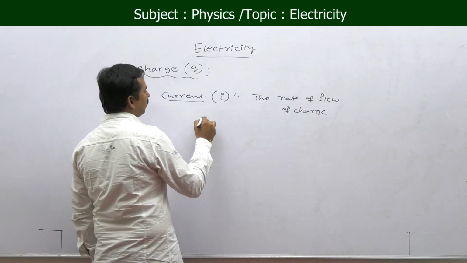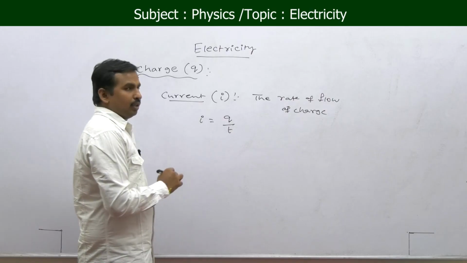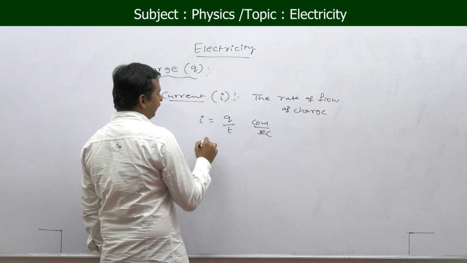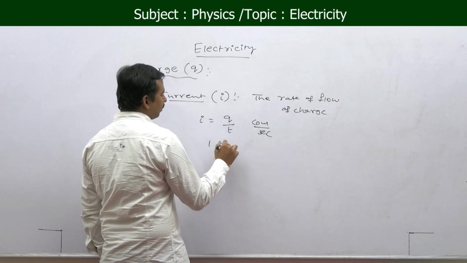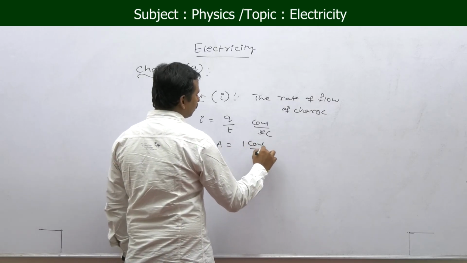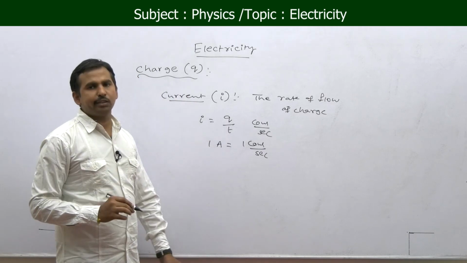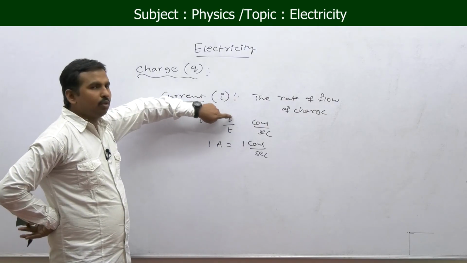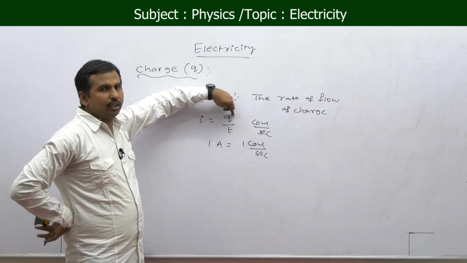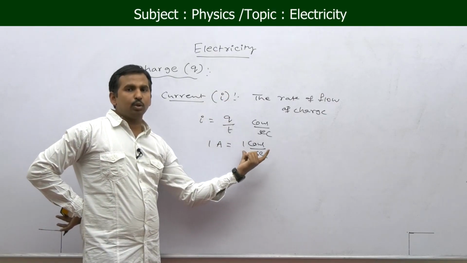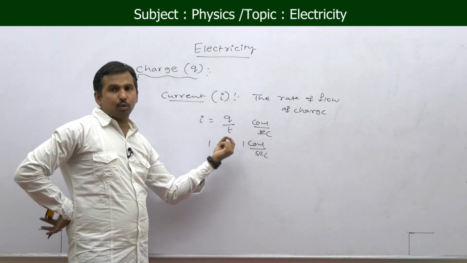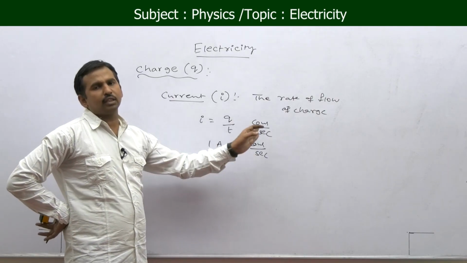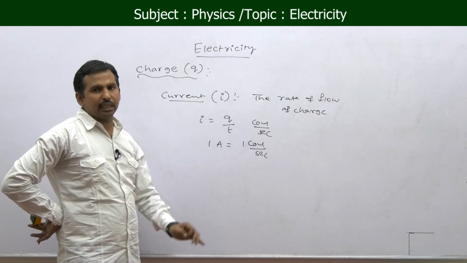The formula is current I is equal to Q by T, where Q is in coulombs and time is in seconds. So I is in coulomb per second, which we call ampere. If 1 coulomb of charge passes through a conductor in 1 second, then the current drawn in that circuit is 1 ampere.